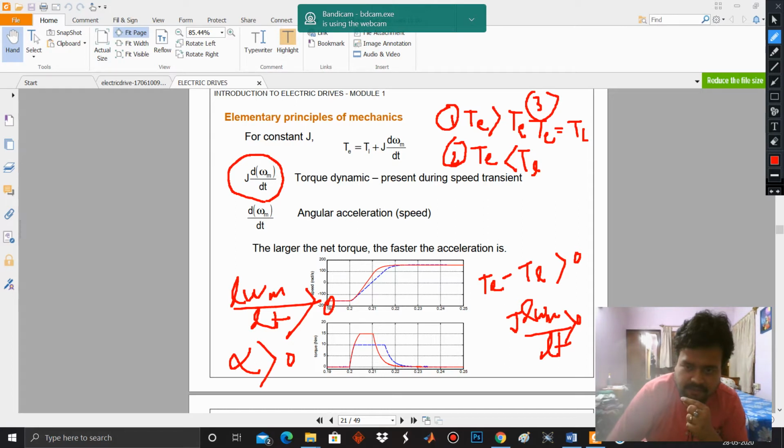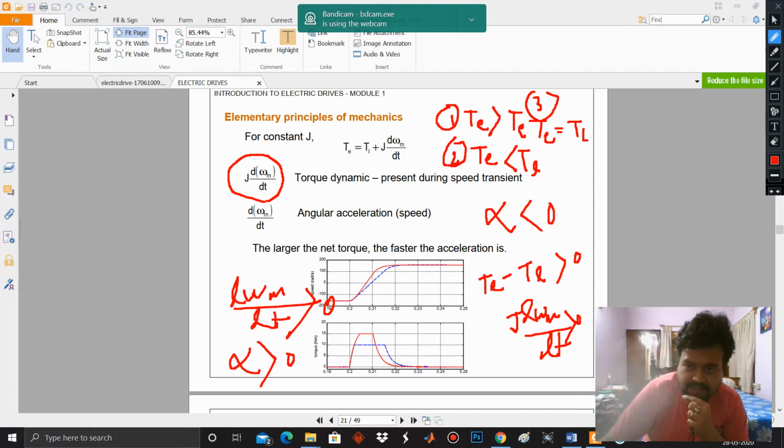Similarly, for the second case, if Te is less than TL, then J d omega m dt should be less than 0, so alpha will be less than 0. That means the rotor of the machine or the drive is retarding.